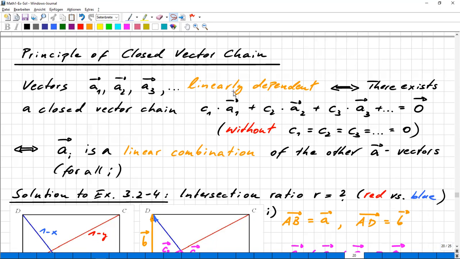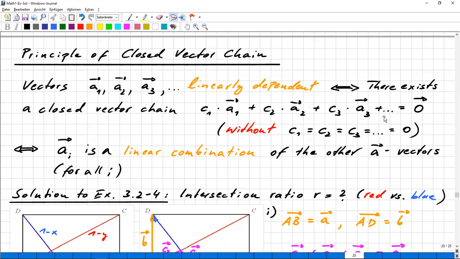So the difference to linear independence is that if you do the same for proving that a set of vectors is linearly independent, it will turn out that this kind of closed vector chain is formally just possible by setting all the scaling factors equal to 0, which means in the end that it's not even visible. More clearly, it means that if your vectors are linearly independent, it's just not possible to construct a real closed vector chain. So I think you got this, okay?